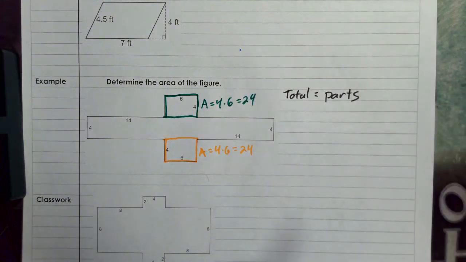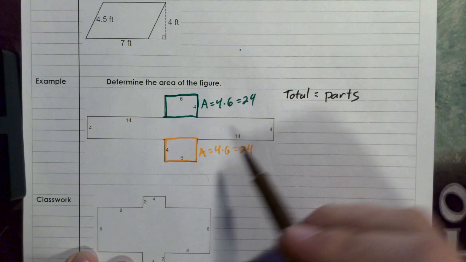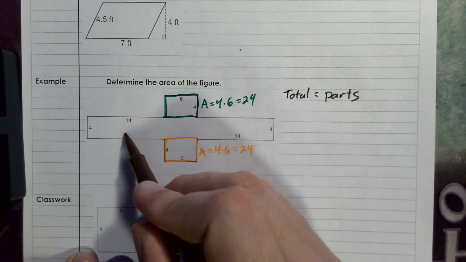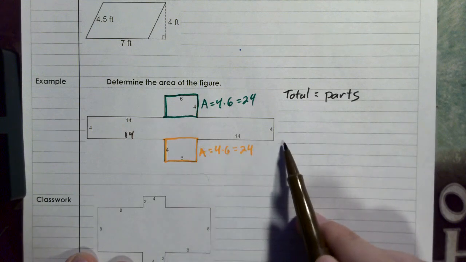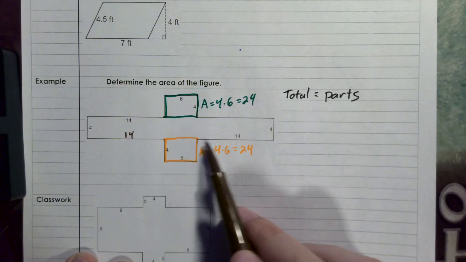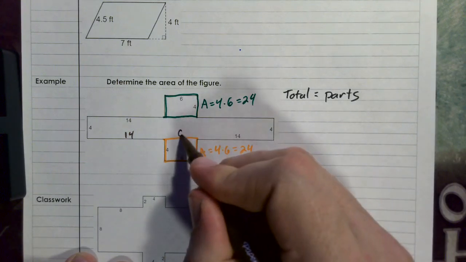So now all I have to do is I need to find the area of this rectangle in the middle here. Now keep in mind, if this is 14, then this has got to be 14 as well. I need to figure out this whole length here. So that's 14 plus 14. And this thing right here, oh, that's 6 from those other two bits.